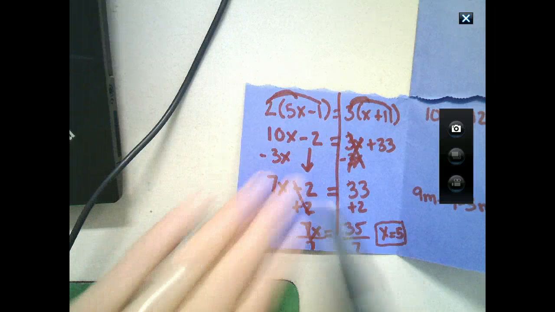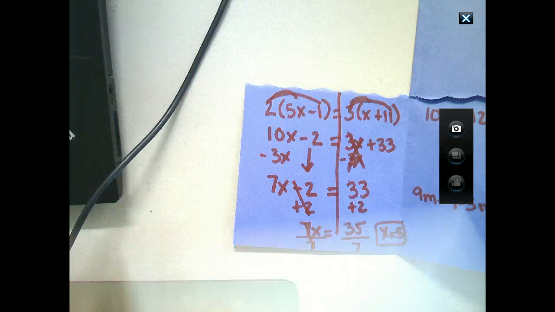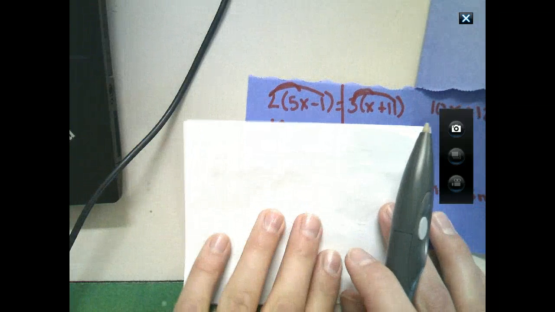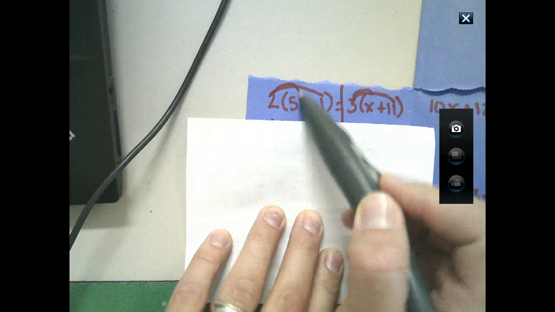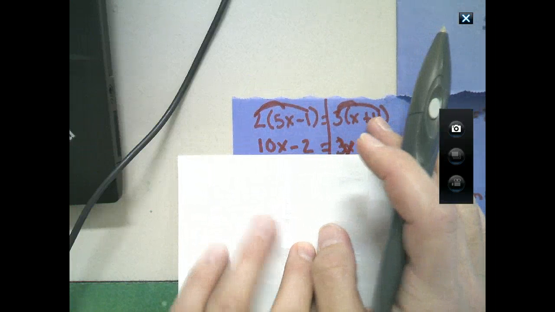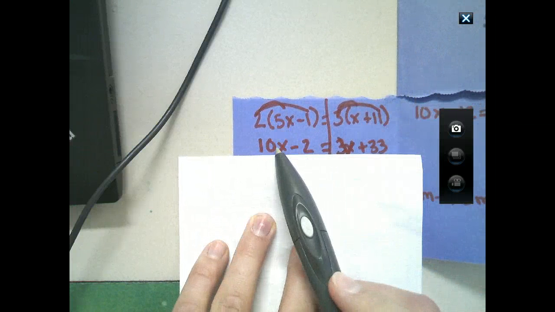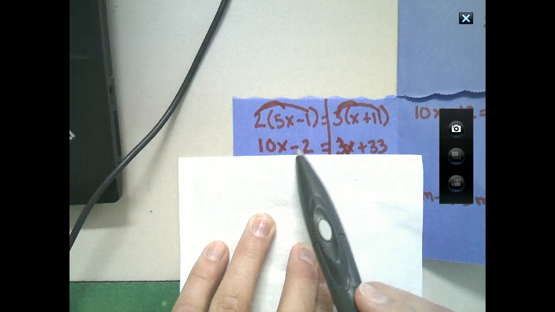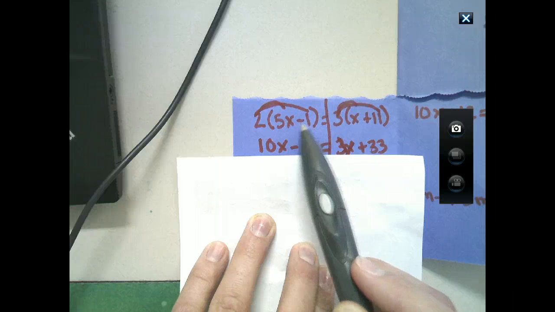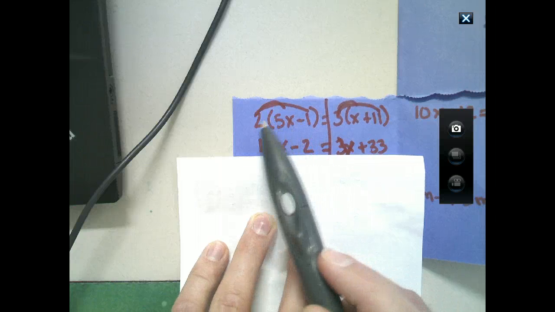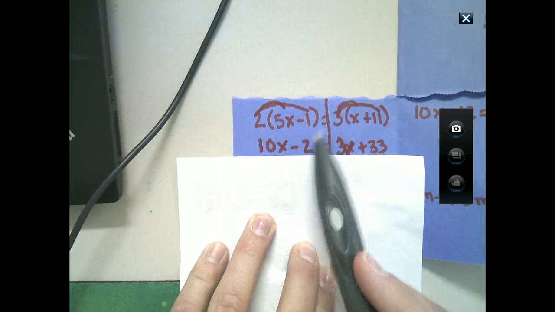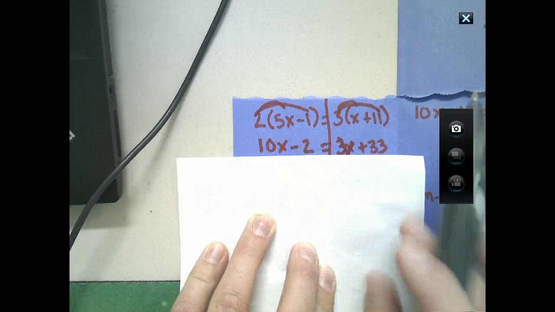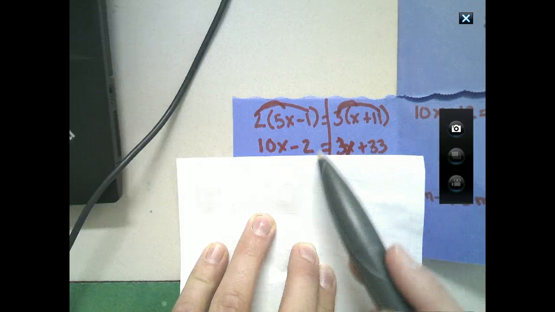So let's look at what we do. I'm going to distribute: 2 times 5x equals 10x, and then 2 times negative 1 is negative 2. Again, I have to look at the sign in front of the 1. It's a negative sign, so 2 times negative 1 is negative 2. That's that whole side.